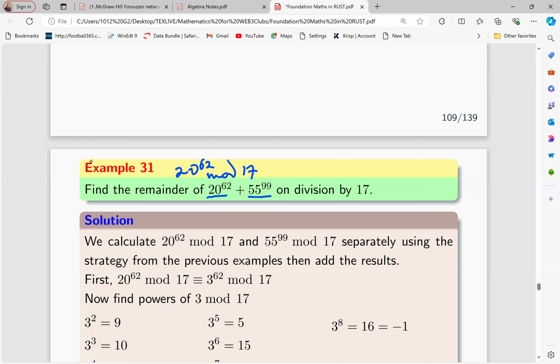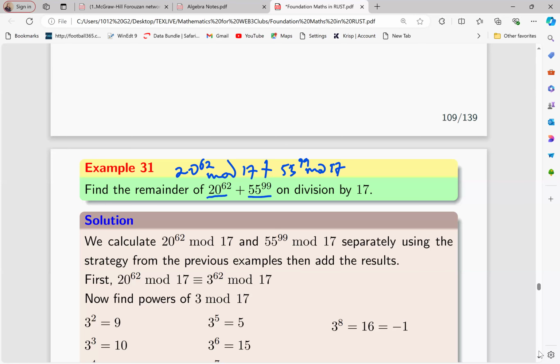This is mod 17, and also this is 55 raised to 99 mod 17. So the modulus is the same. So the code will just be the same thing as above, only that we include a few definitions so that we have the code running smoothly.